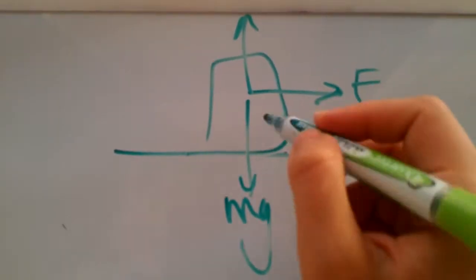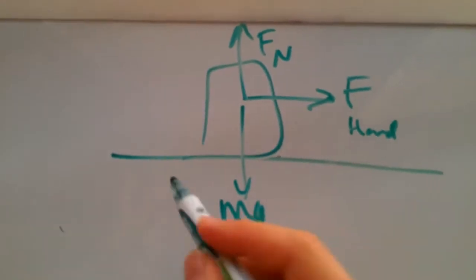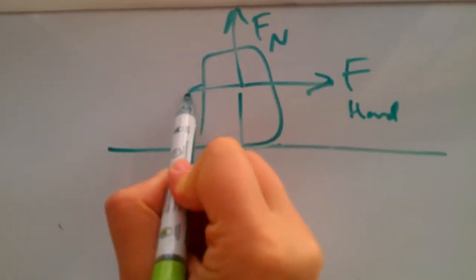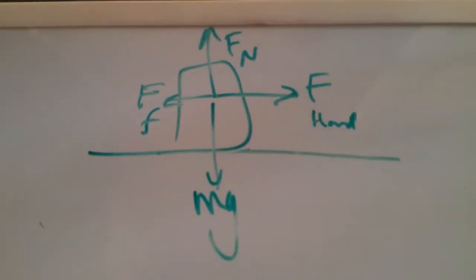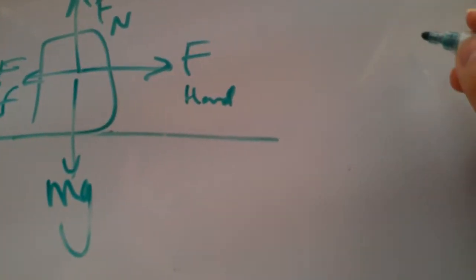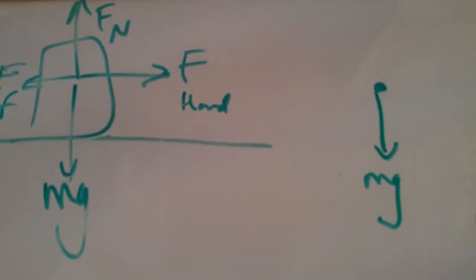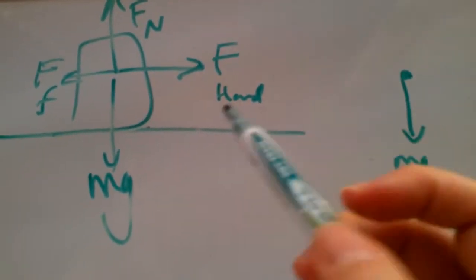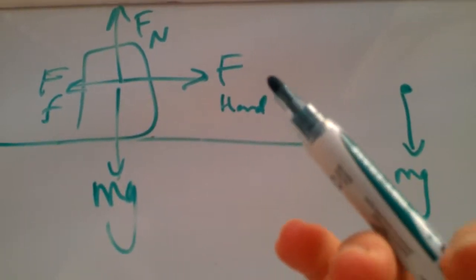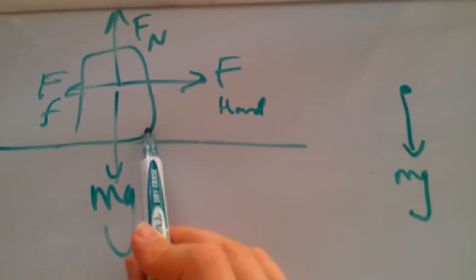I have support from the floor, and at all times I have this frictional force. So the free body diagram is essentially a dot, mg, the second ingredient, and then what is in direct contact with the block.